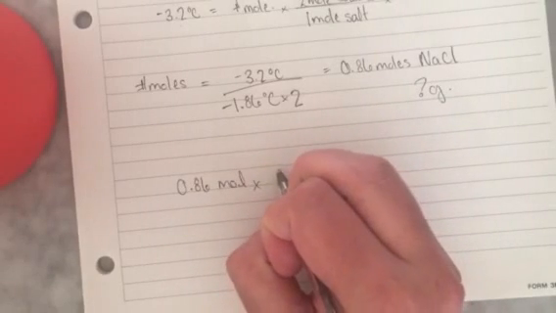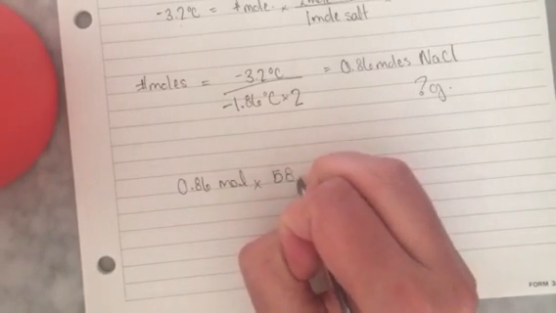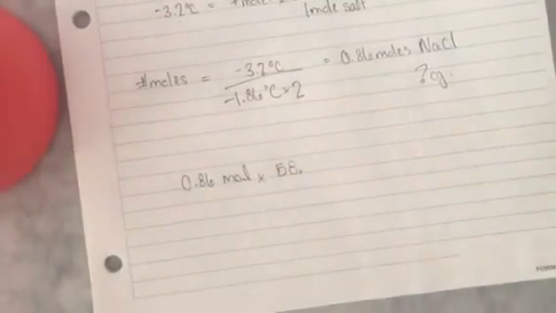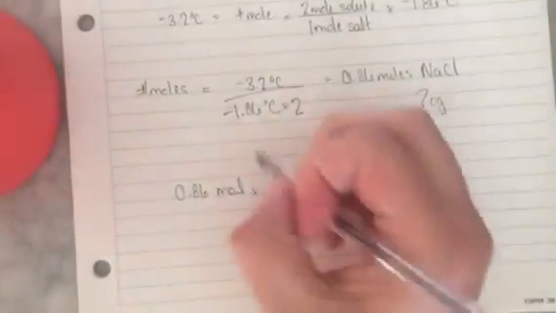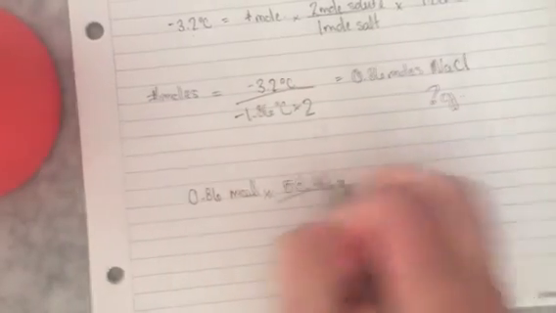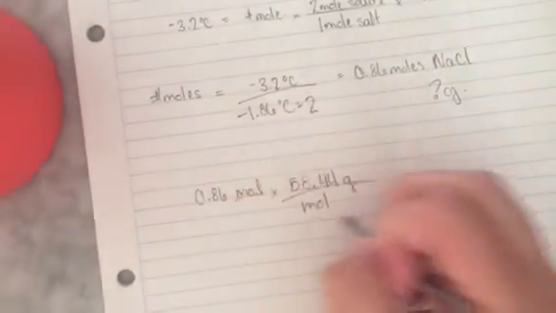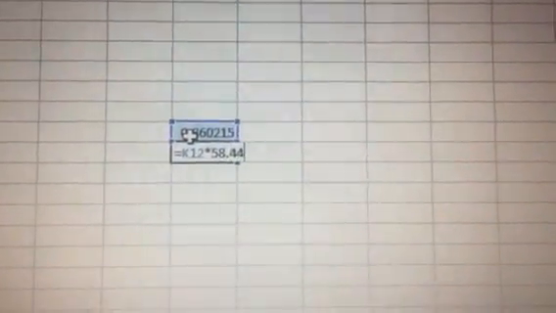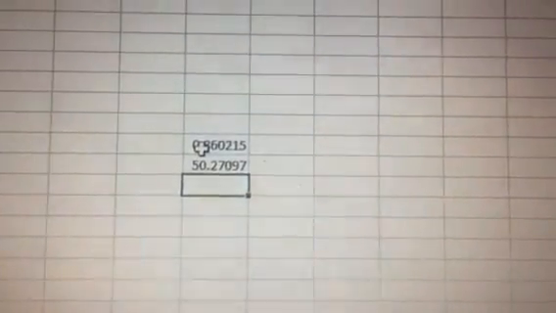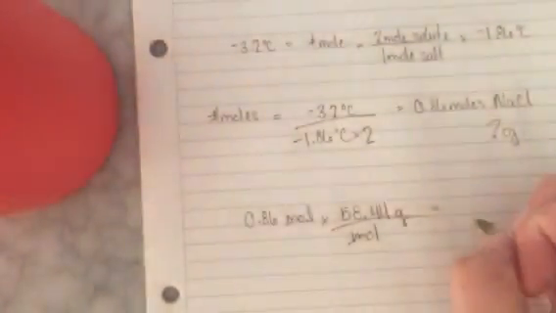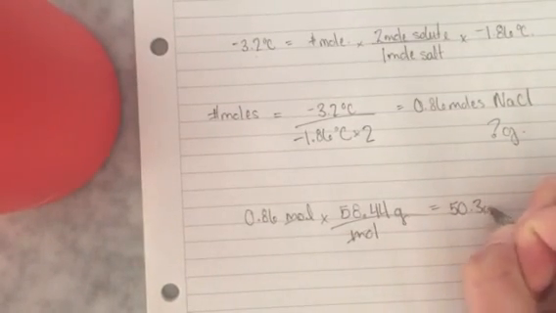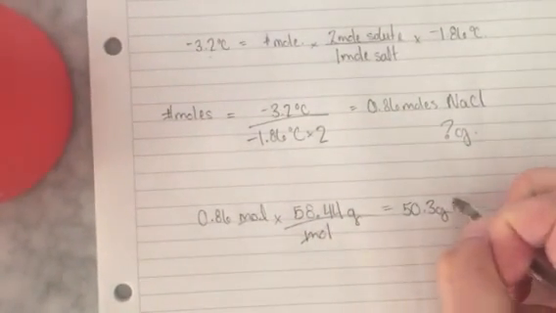So if I go times 58.44 grams per mole, my moles cancel. And I am going to get 50.3 grams of NaCl.